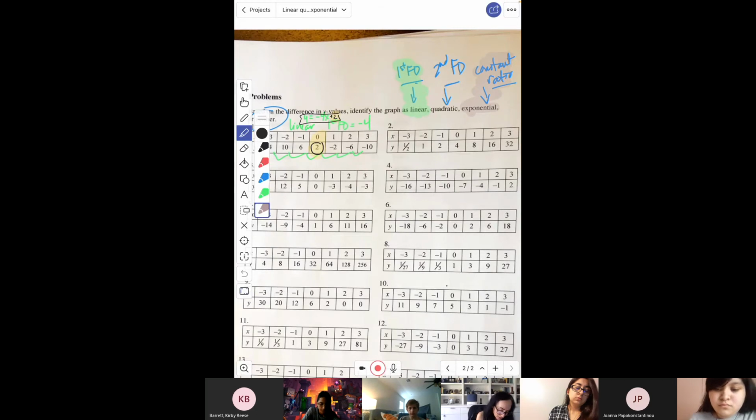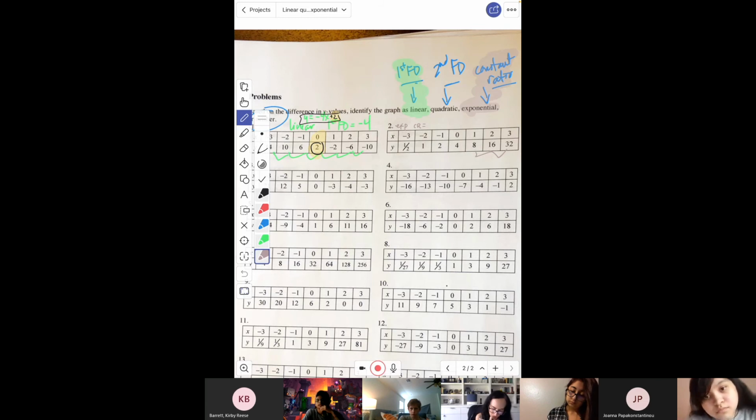So since it was exponential, you should have a constant ratio. What was the constant ratio? If I did the division, what was it? 32 divided by 16, 16 divided by 8, 8 divided by 4, 4 divided by 2.